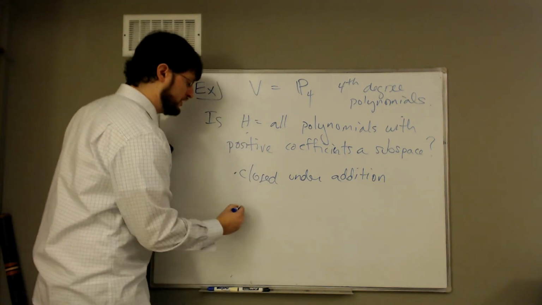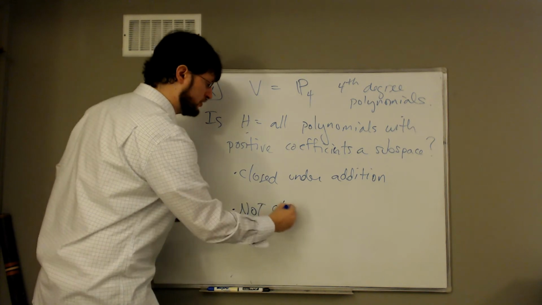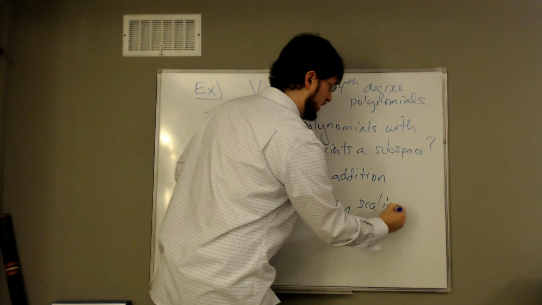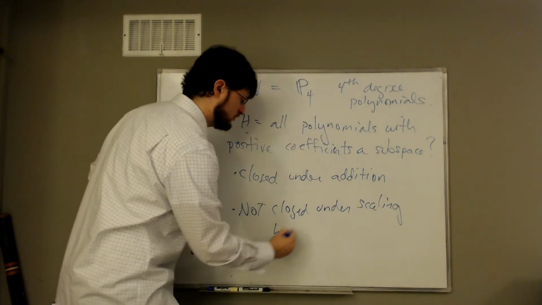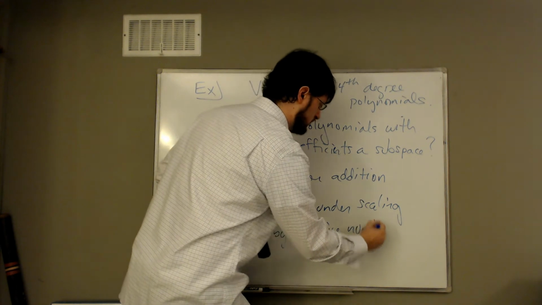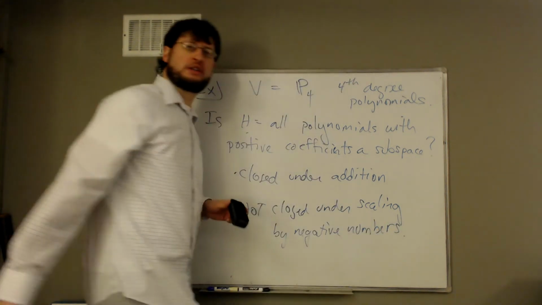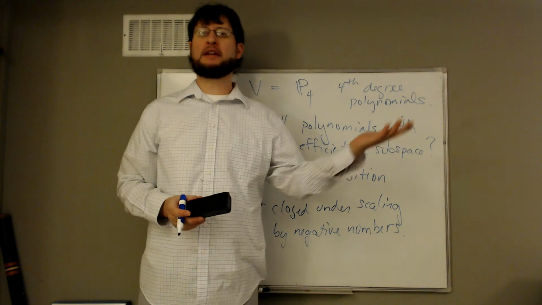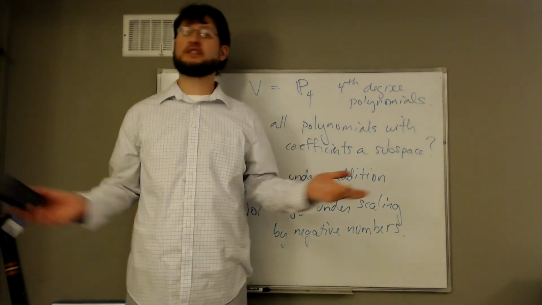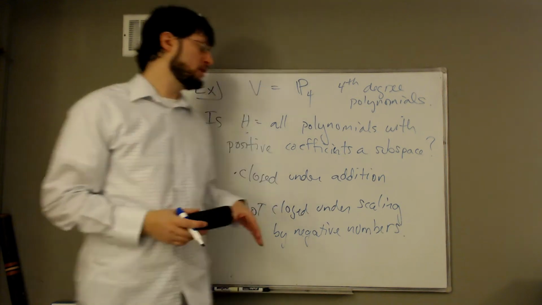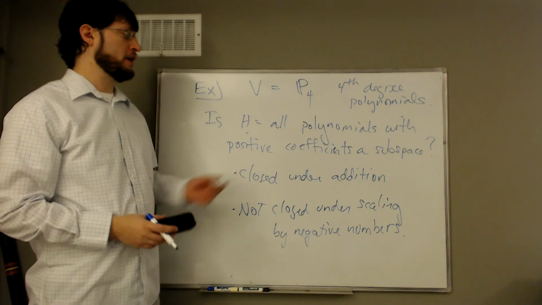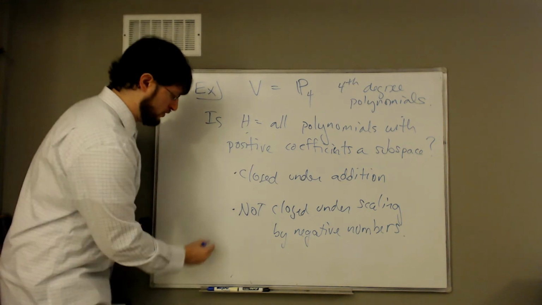Right, so it's not closed under scaling by negative numbers. If I take a fourth degree polynomial and I multiply by -6, well, if the original one had positive coefficients, the new one does not. So it has to be closed under any scaling, positive or negative, and also under any addition. So this is no.